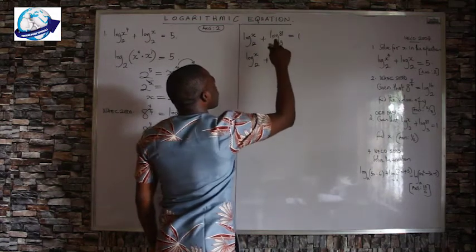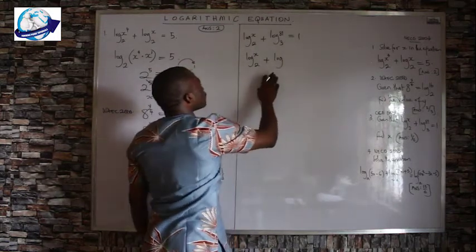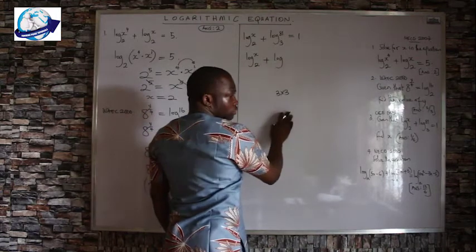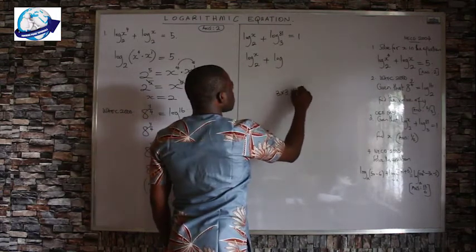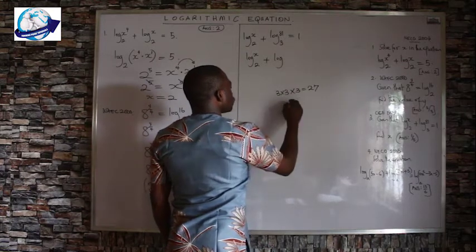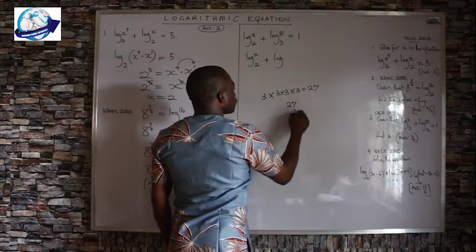Let us see 3 raised to the power what will give us 81. Let's check it out. 3 times 3 is 9, times 3 is 27. Let's go again, 27 times another 3.